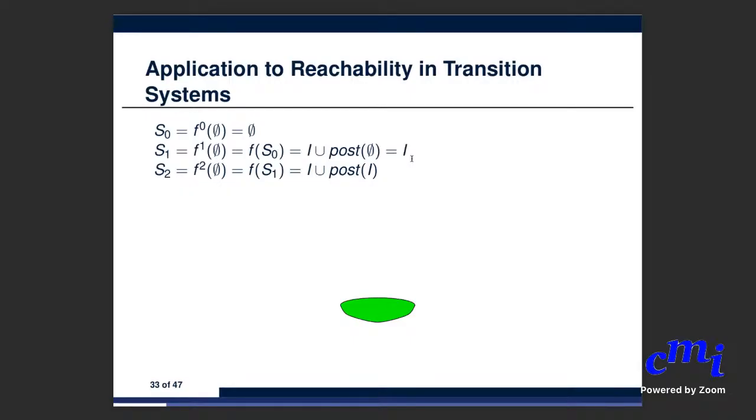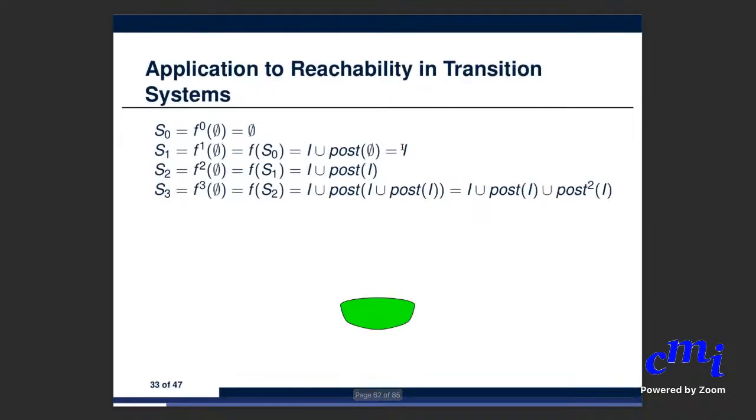Each time adding to X. In the i plus 1 step, you're adding the post computed over the result of the previous step, and so on.